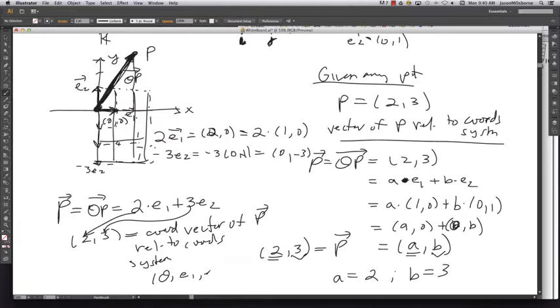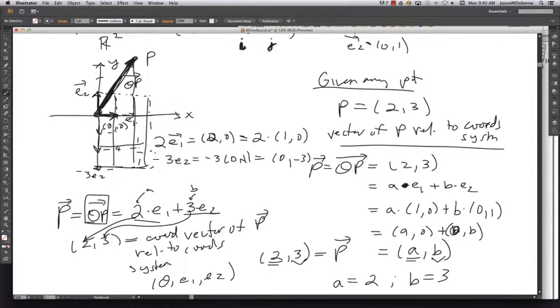O, E1, E2. So if you want to find the coordinate vectors, you need to take the vector you were trying to describe and split it up into its component pieces, the E1 and the E2 vectors, and find these numbers A and B. Once you find those numbers A and B, you put those into a vector, and those are the instructions that you need to follow.